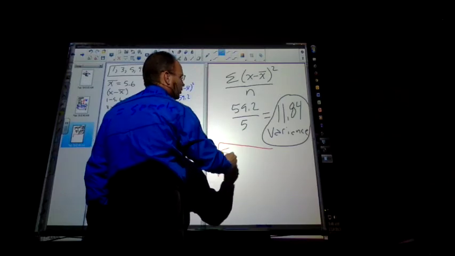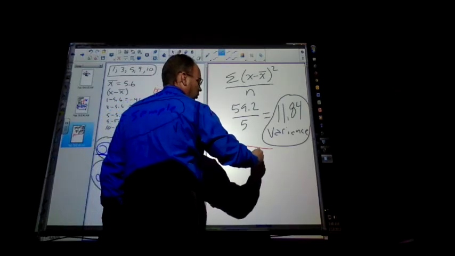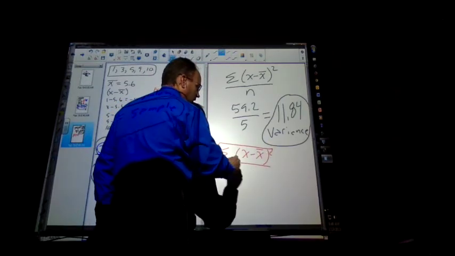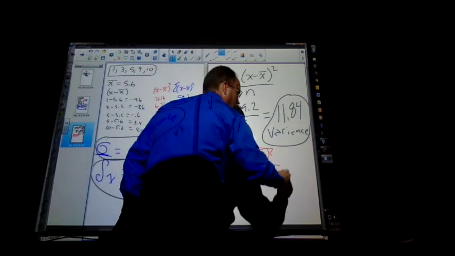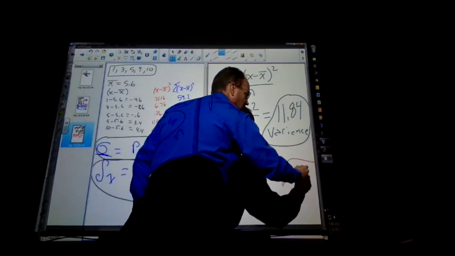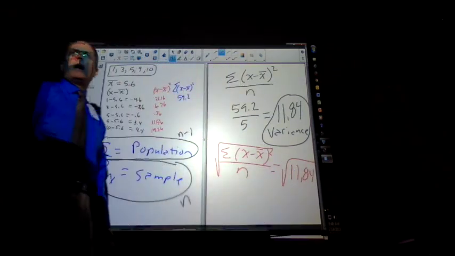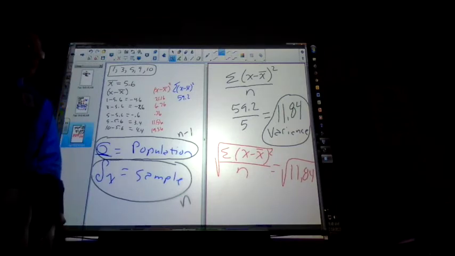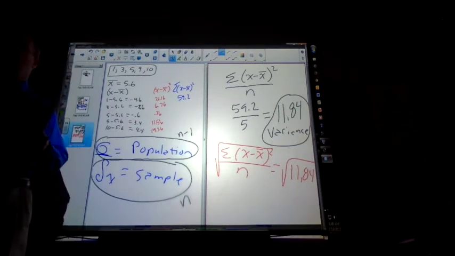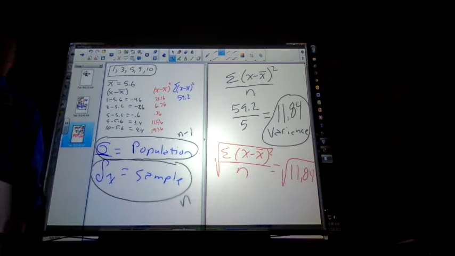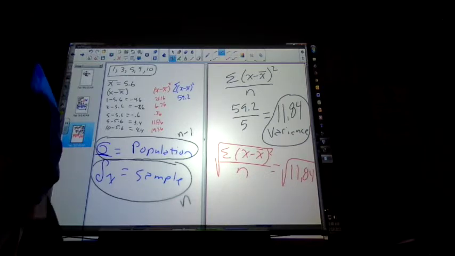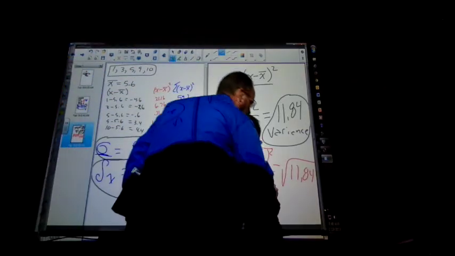The very last thing I want to find up here is I want to take the square root of the summation of x minus x bar quantity squared divided by n. So that's going to be the square root of 11.84. What's that going to be? Square root of 11 is a little bit more than 3, less than 4. How much? 3.44.